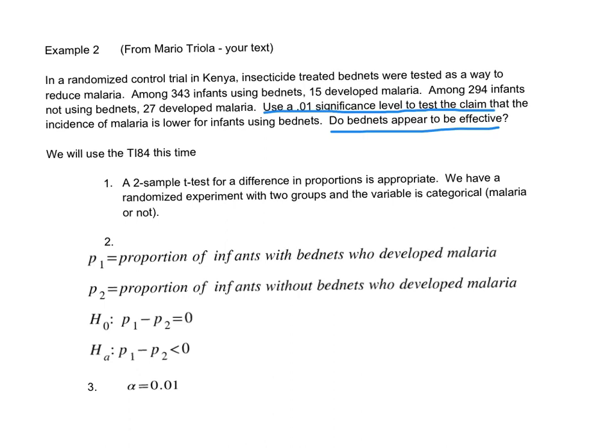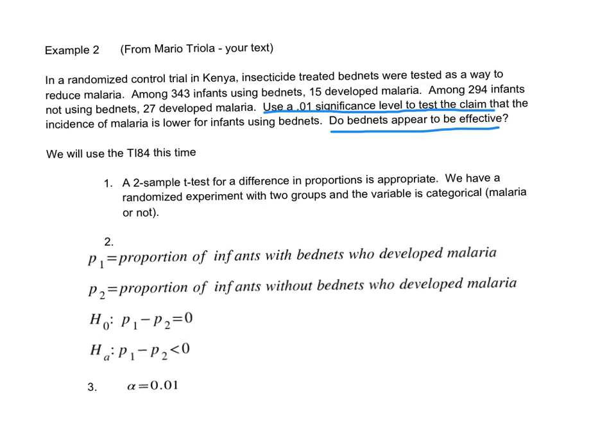So we do have evidence that there is possibly a difference, or that it's more effective to use a bed net in terms of developing malaria. The question is, is there significant or convincing evidence of such? And that's why we do the test.